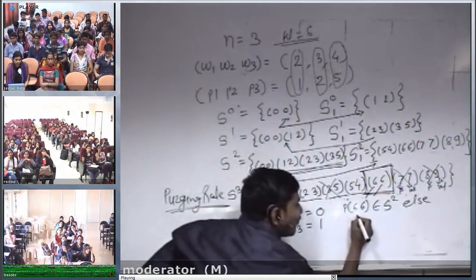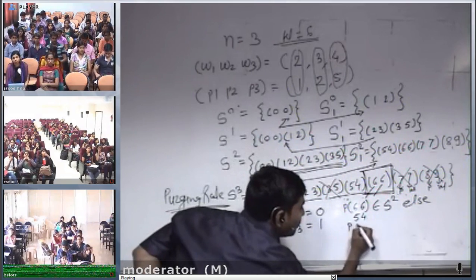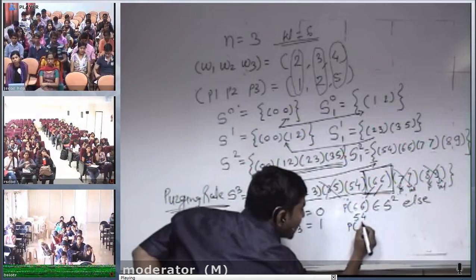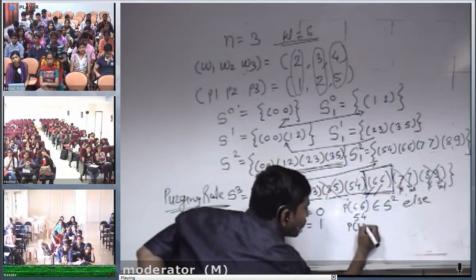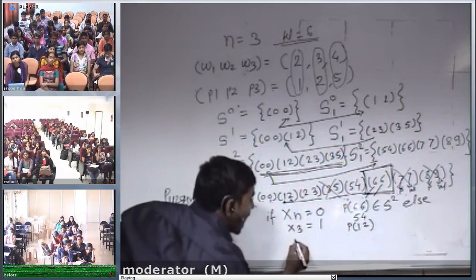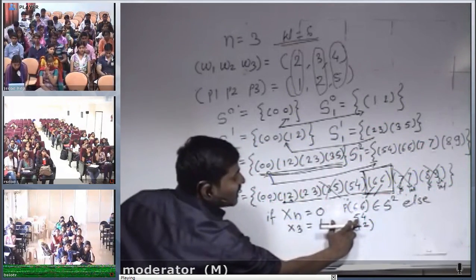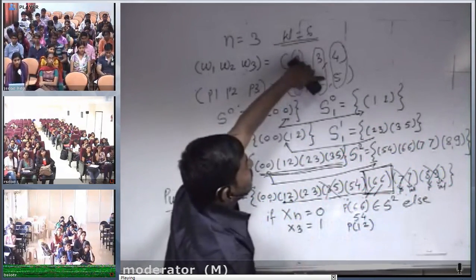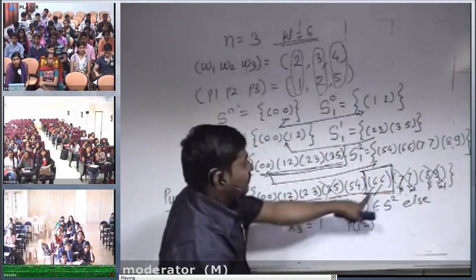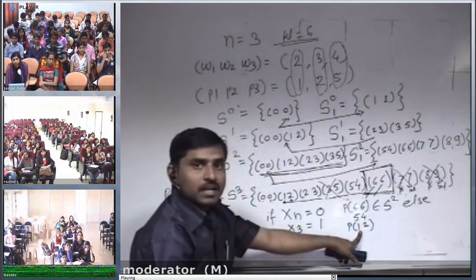So I subtract this (5, 4) from (6, 6). What is the value? Profit 6 minus 5 is 1, weight 6 minus 4 is 2. Now the remaining pair is (1, 2).